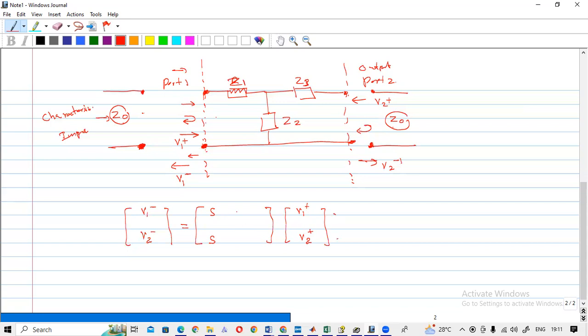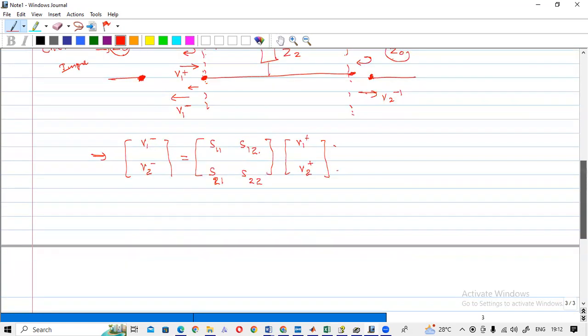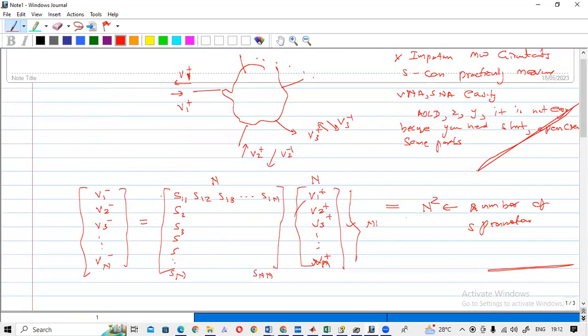So you have a 2 by 2 matrix here. This is first row, first column; first row, second column; second row, first column; second row, second column. So this is the S matrix for a two-port network. Correct?